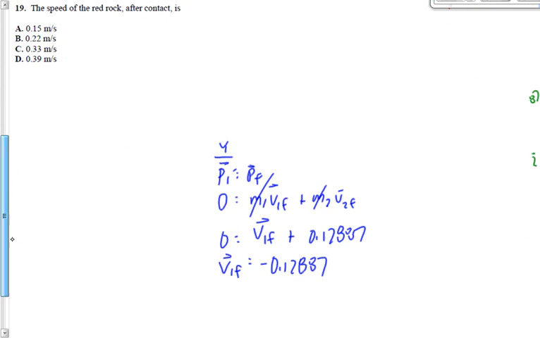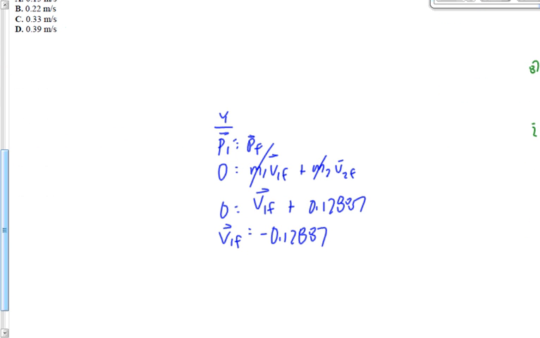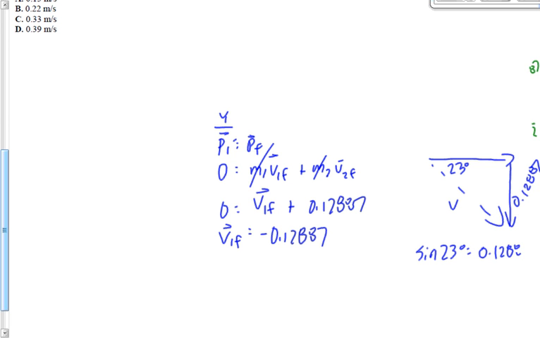Because that second vector that was at 23 degrees, he calculated the y component of that to be 0.12887. He already knew the angle was 23 degrees. He wanted to find this speed right here. All he did is say sine 23 degrees is equal to opposite over hypotenuse. That make sense?